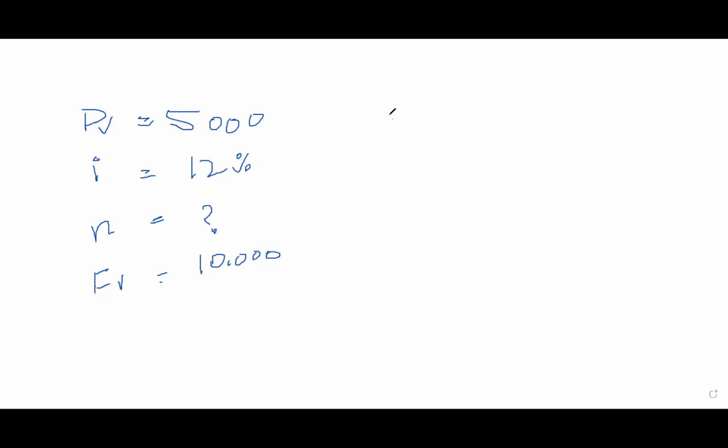The formula to find the future value that we have already learned: future value is equal to present value into 1 plus I raised to power n.